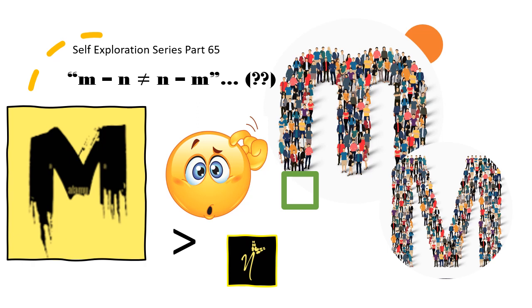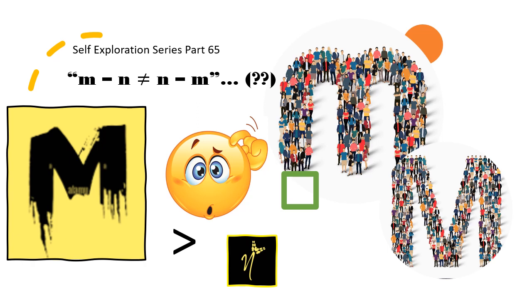If two numbers are not equal, then their difference is not the same. Their sum is the same, m plus n is equal to n plus m, but m minus n is not equal to n minus m.